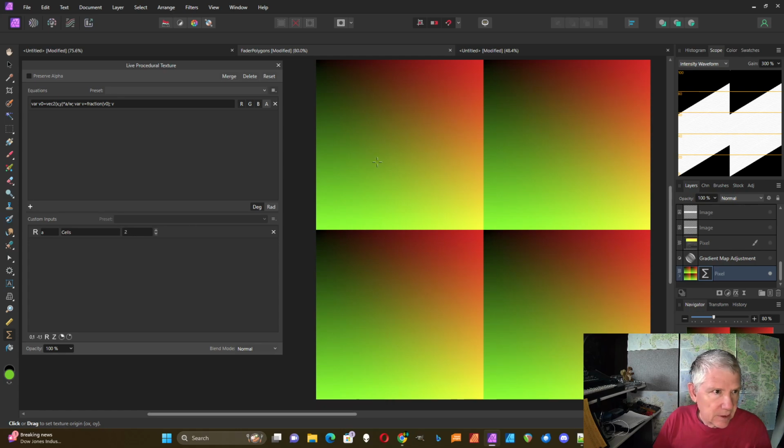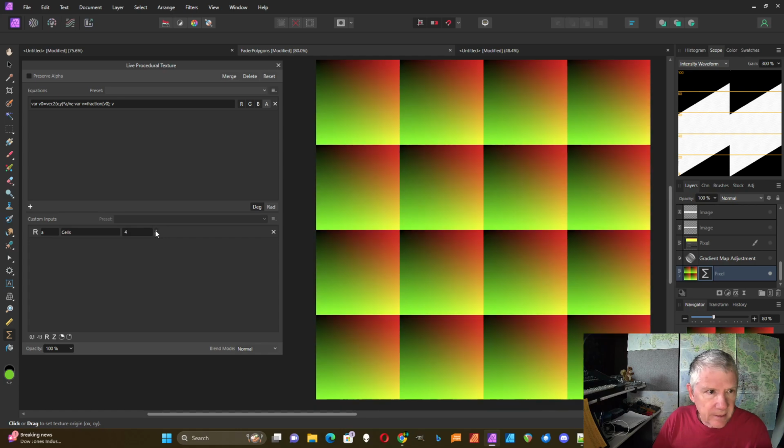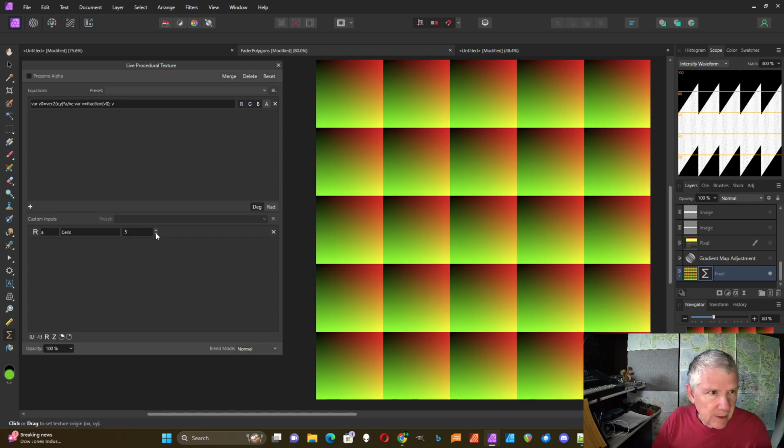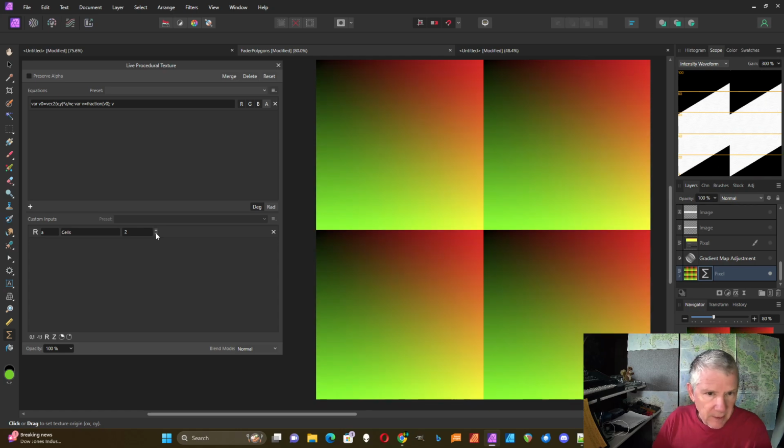Now with this set to 2, I've got duplicates of this. I can increase this to 3, 4, 5, whatever I want. I'm going to leave it at 1 for now.